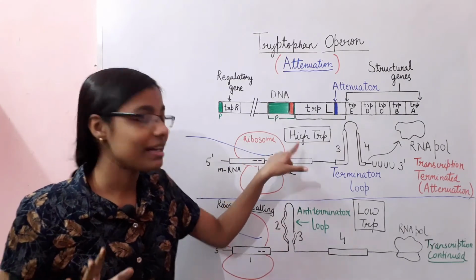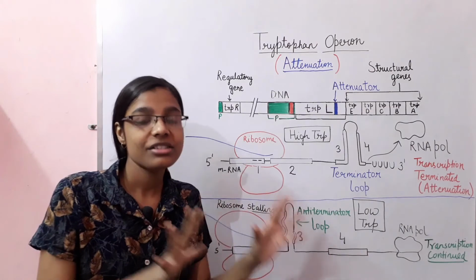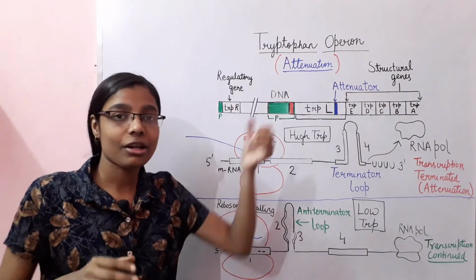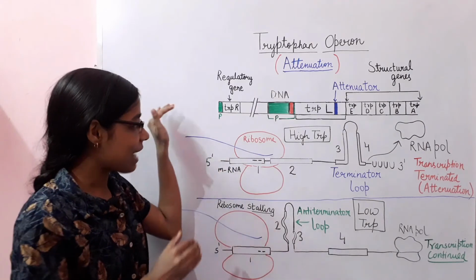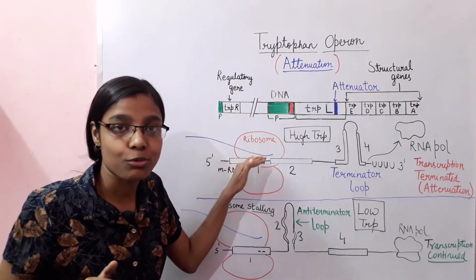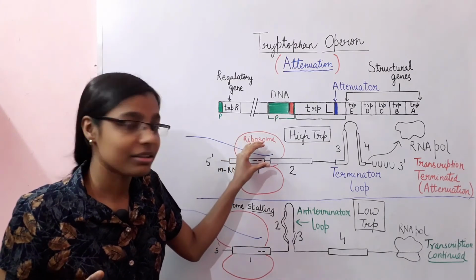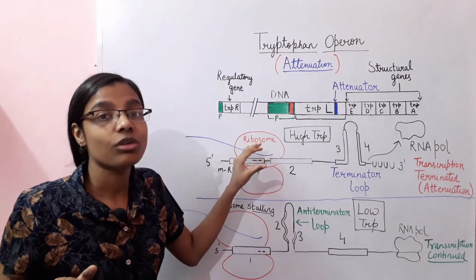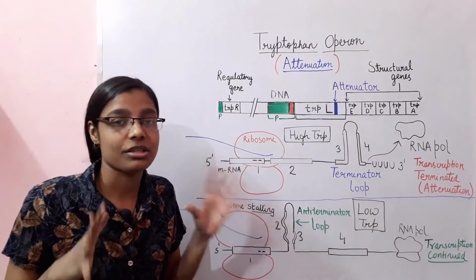As the tryptophan level is high within the cell, the charged tRNA will take tryptophan very easily from the cell, come to the ribosome, and attach that tryptophan, leading to the formation of the polypeptide. Okay, that is the translation process.